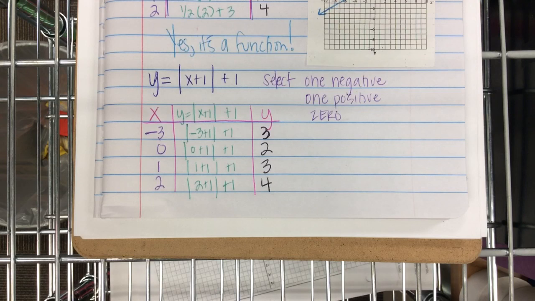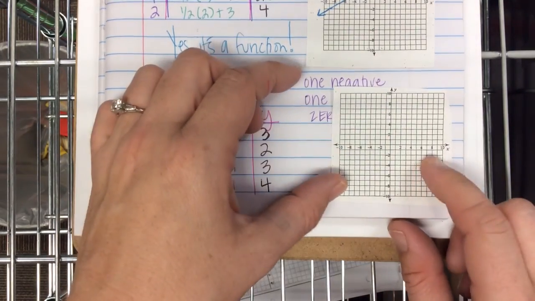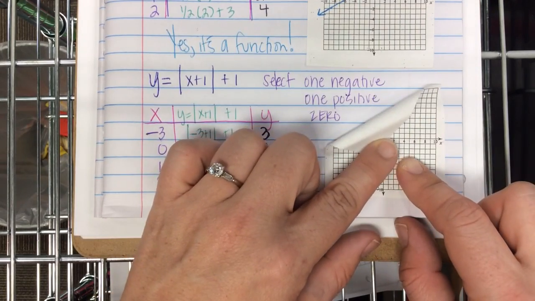You may have to do a little fancy cutting with your graph to get it to fit in that tiny little space. Or, you know, you could glue like half of it and make it a foldable tab. I'm going to glue mine halfway down here so that I can still see this part that I wrote on.